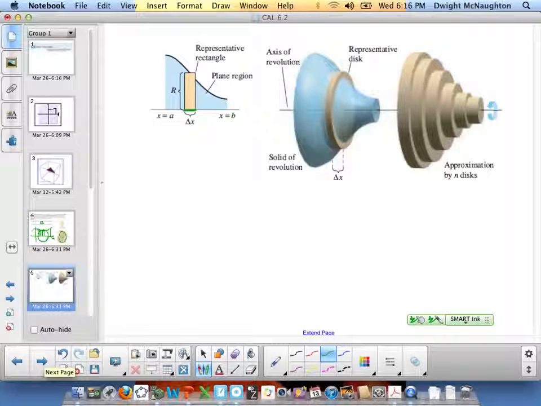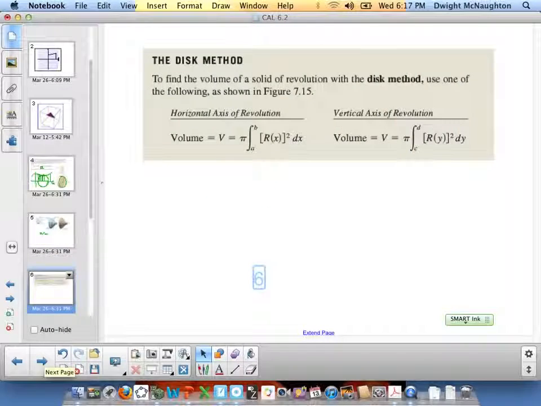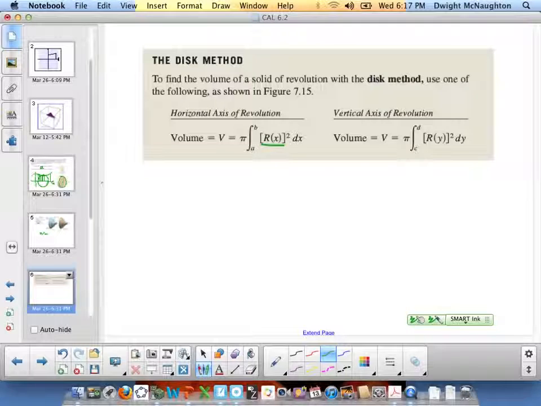What other concept has done this for us? Well, when we did area, we did integrals. So really what we're doing is taking each disk, pi r squared delta x, and letting there be infinitely many disks of infinitesimal width, where delta x becomes dx and our radius is a function.